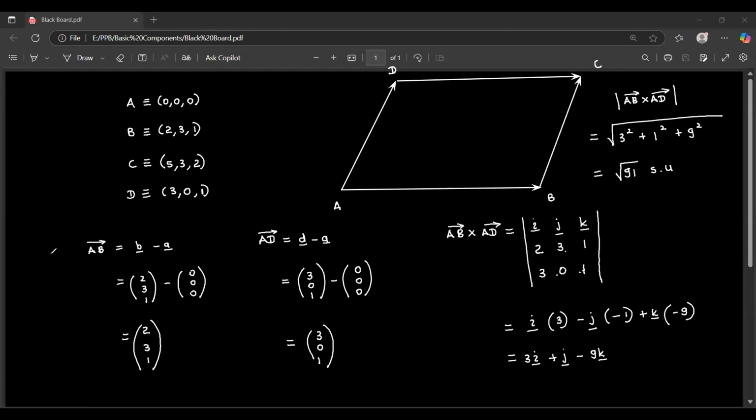Okay, now let's find the area of a triangle. So they have given us A as (1, 3, 2), B which is given as (4, 2, 0), and they have given us C as (9, 7, 8). So we have to find the area of ABC. So first of all, let's draw AB first, as we normally do.